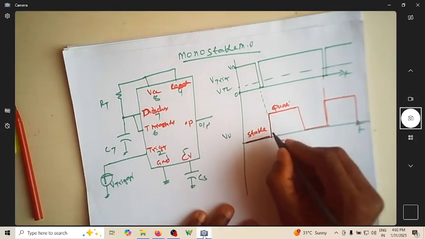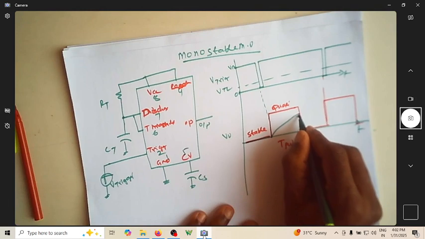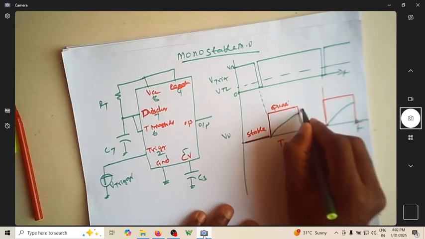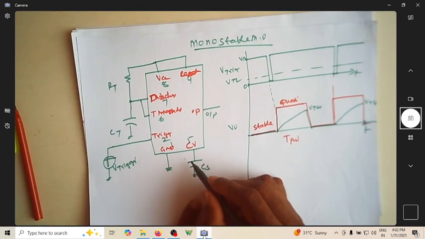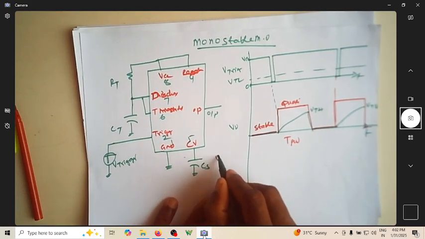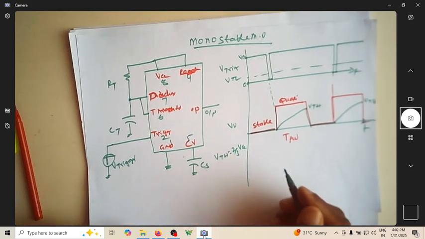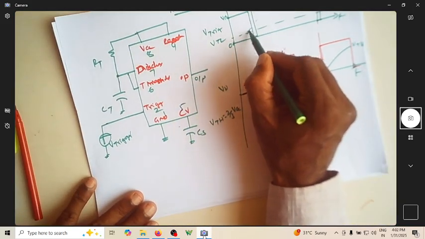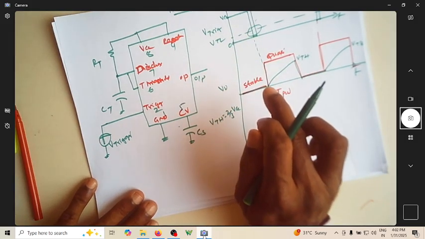During this time the capacitor will charge from 0 to VTH and then come down to 0. This is VTH. If you don't connect any external power supply, then VTH is equal to 2/3 of VCC. The only condition is that the trigger signal should go less than VTL, and then only it leaves the stable state.